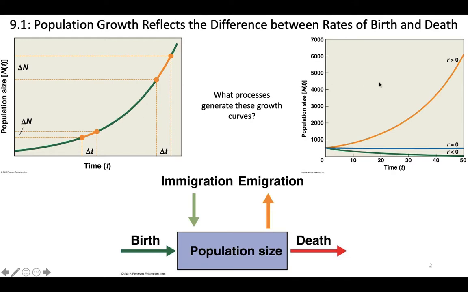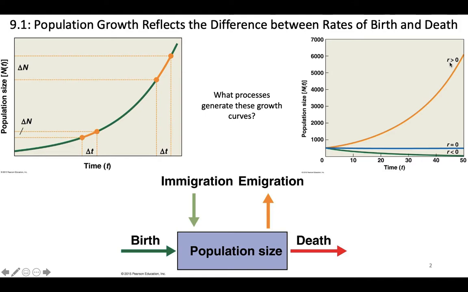It's not changing, and it's expressed as a proportional increase per unit of time. So r here represents instantaneous per capita growth rate. I will repeat that: r, which is really important, represents the instantaneous per capita growth rate.